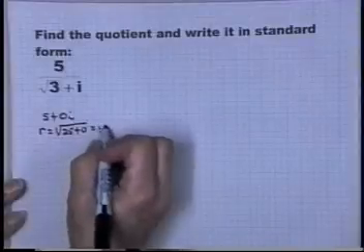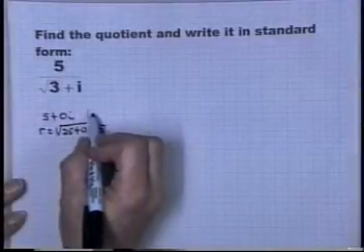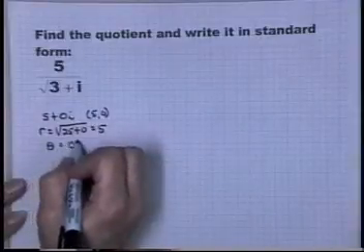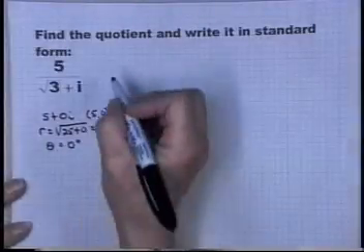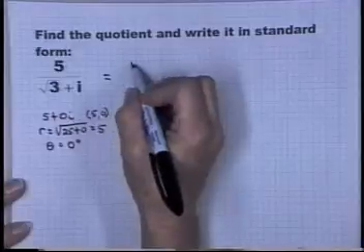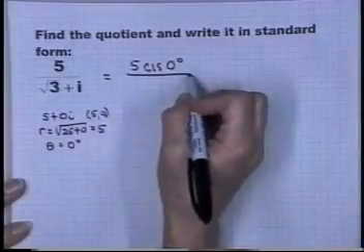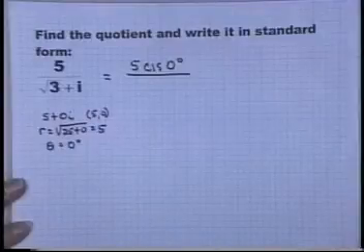The square root of 25 is 5. If you think about the ordered pair 5, 0, your angle theta is going to be 0 degrees, isn't it? So my number on top is going to be 5 CIS 0 degrees. Okay, that one was easy to convert.